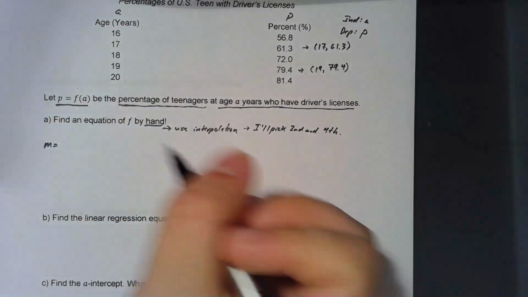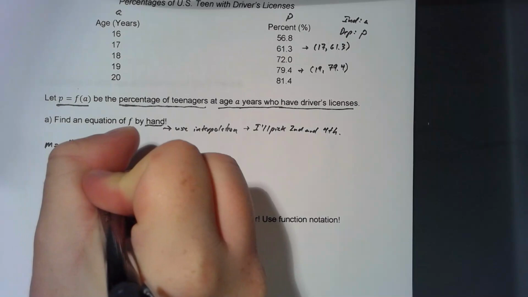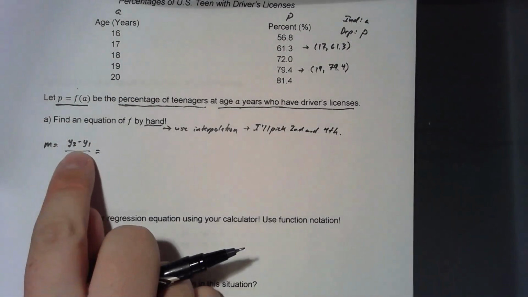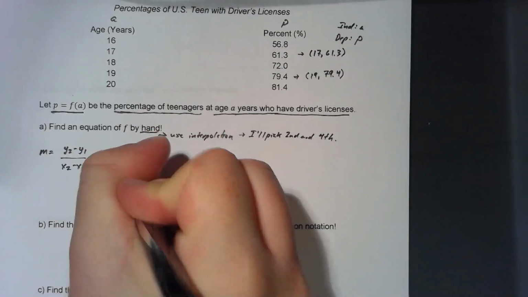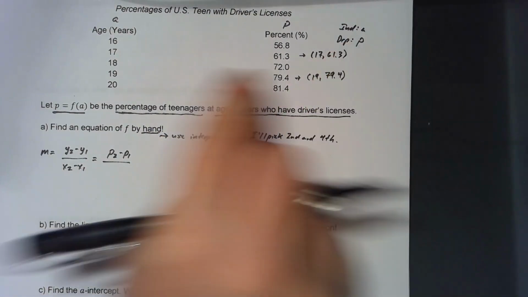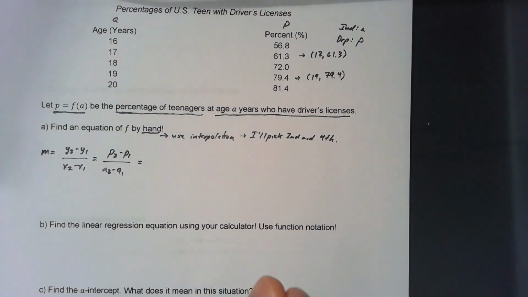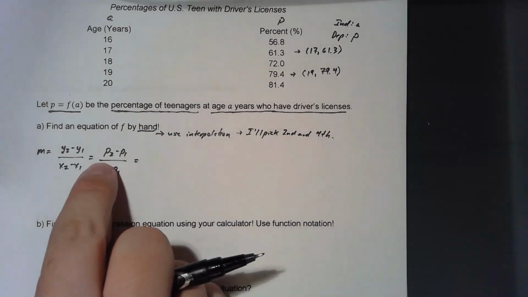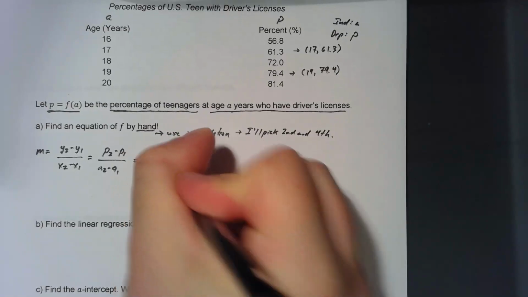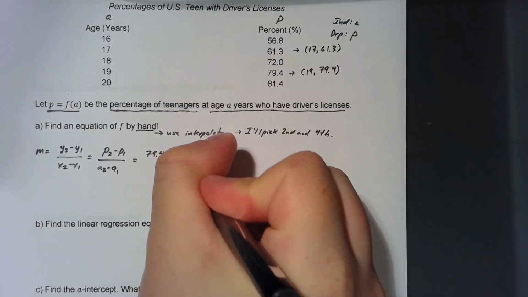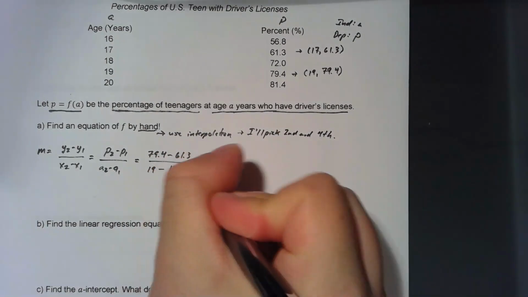I could find the slope. Now, y in this case is p. So this is p2 minus p1. X in this case is a. That's the age. So that's a2 minus a1. So when I do that computation, P2 is 79.4 minus 61.3 over 19 minus 17.